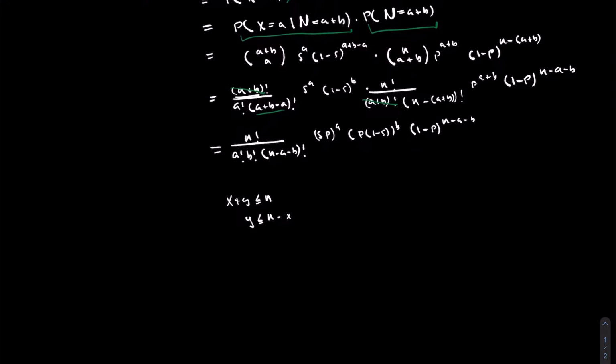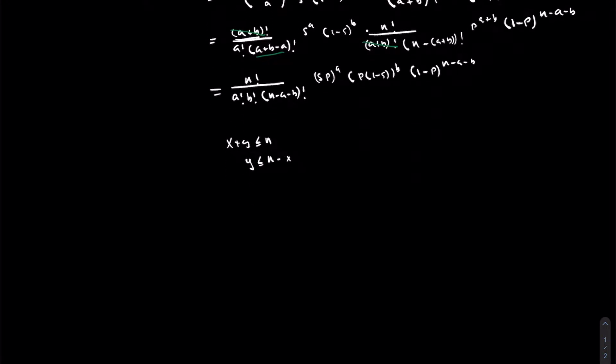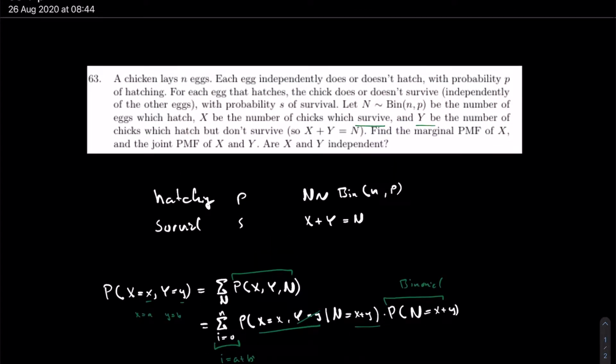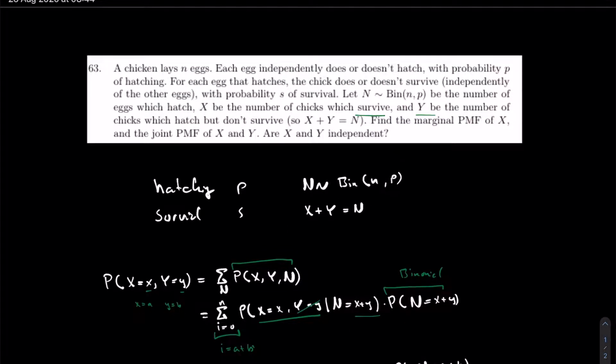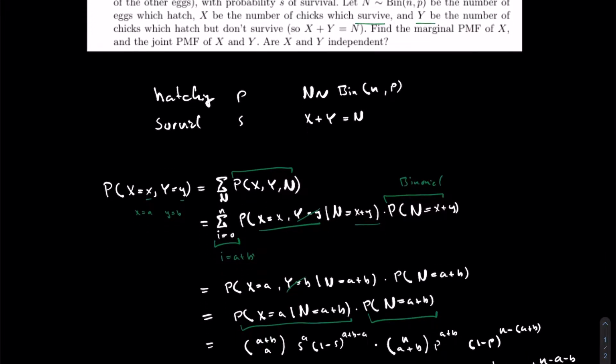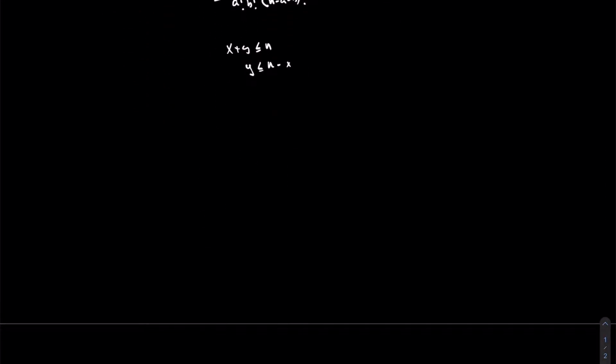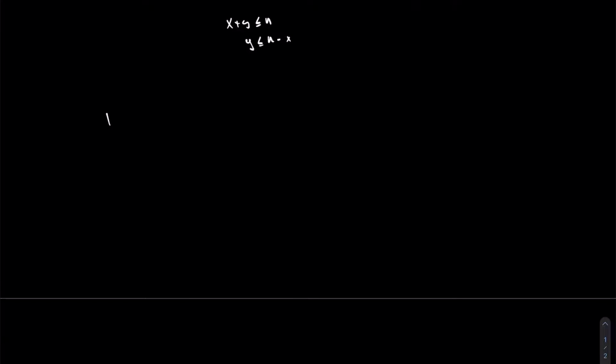Okay, so let's move to the second part of the problem, and that is to find the marginal PMF of X. Okay, so we can do that in two ways.